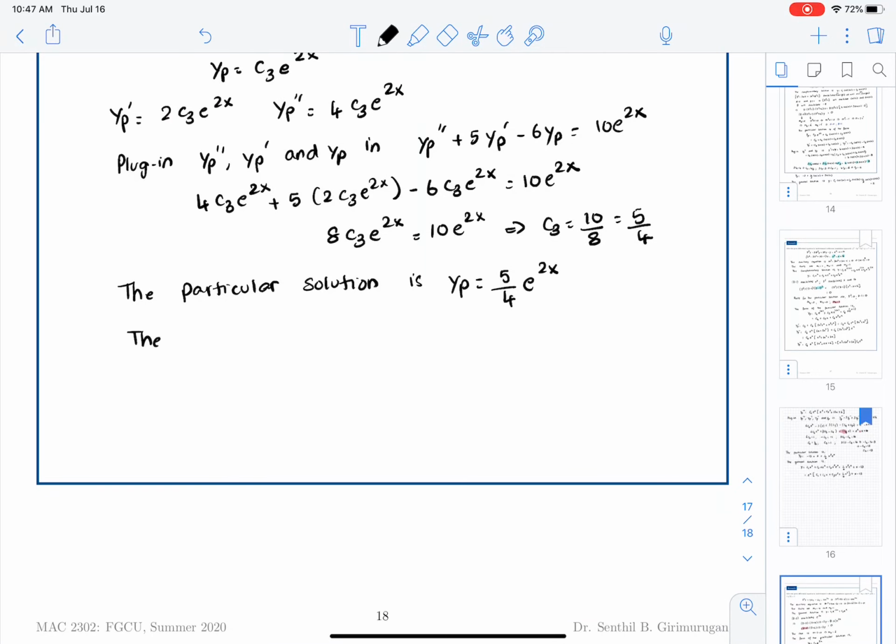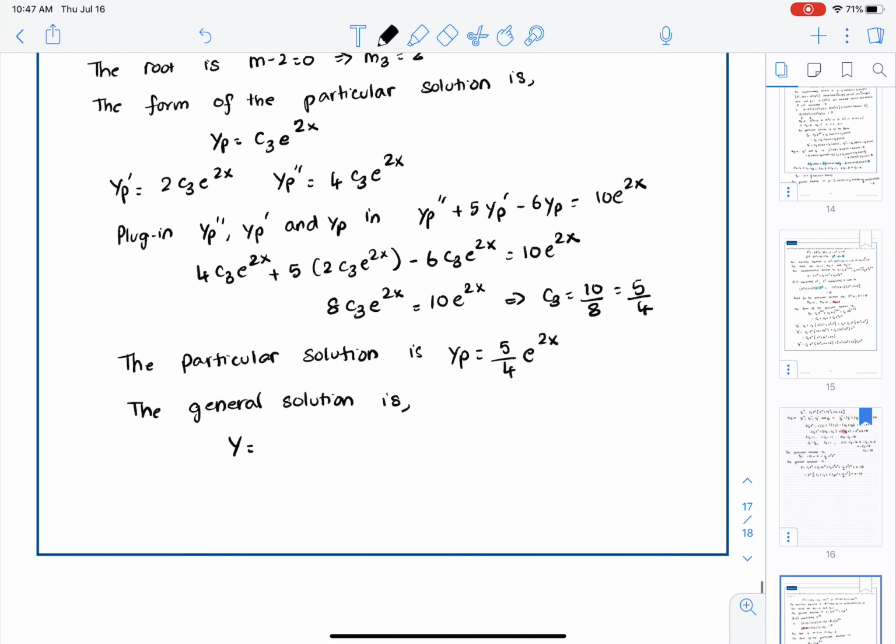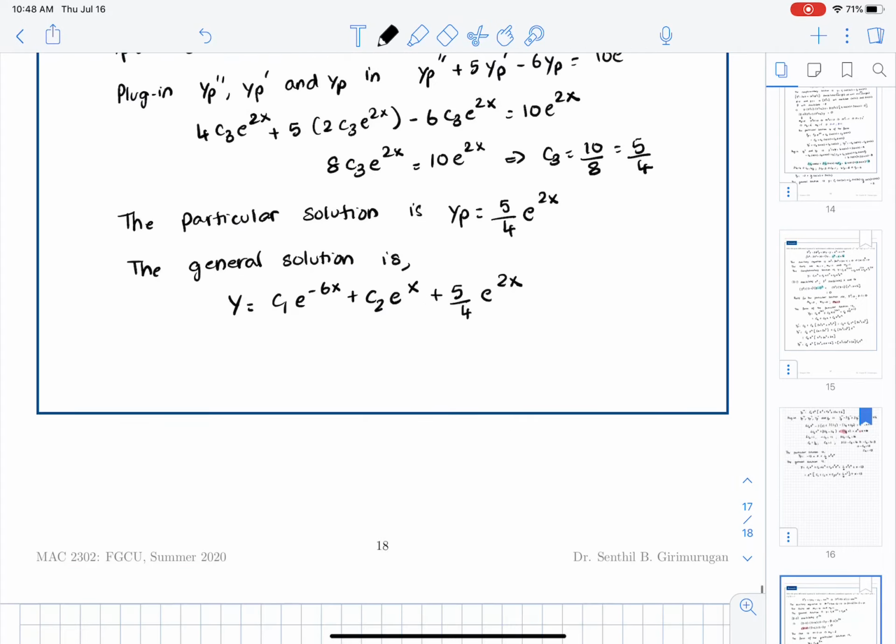Therefore, the general solution is y equals c1 e raised to negative 6x plus c2 e raised to x plus 5 over 4 e raised to x.